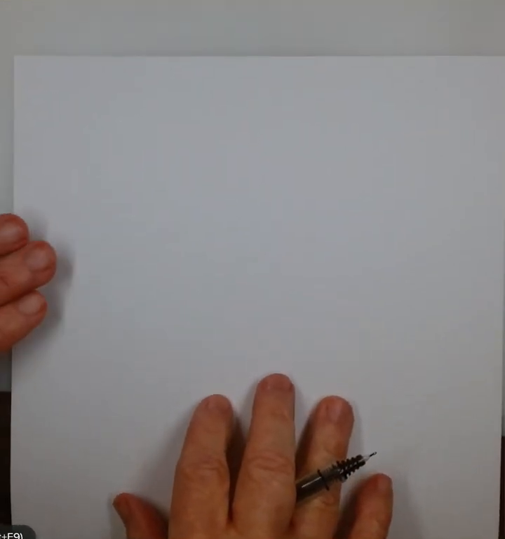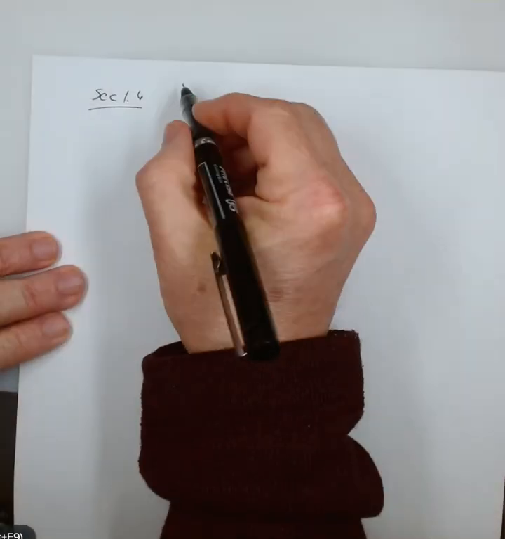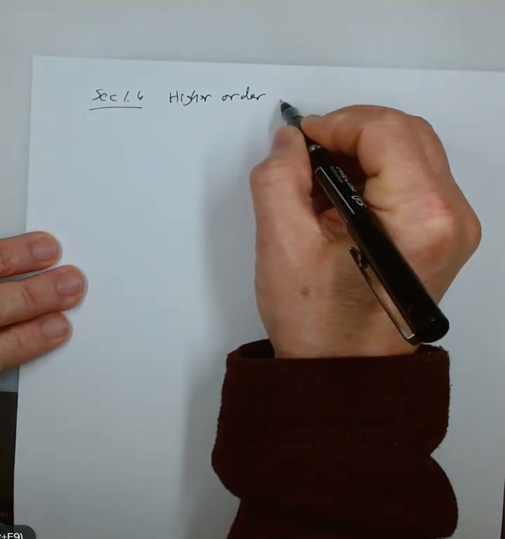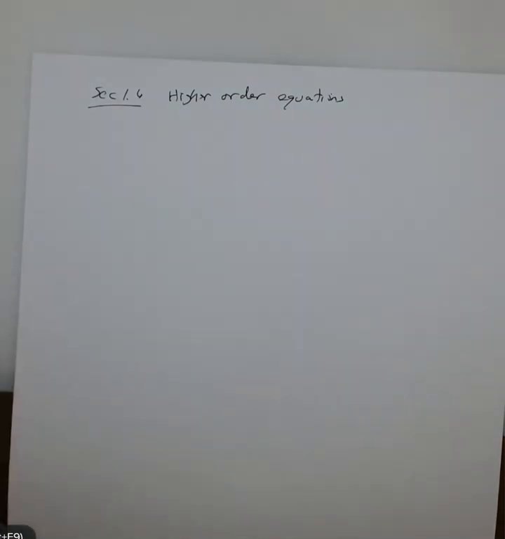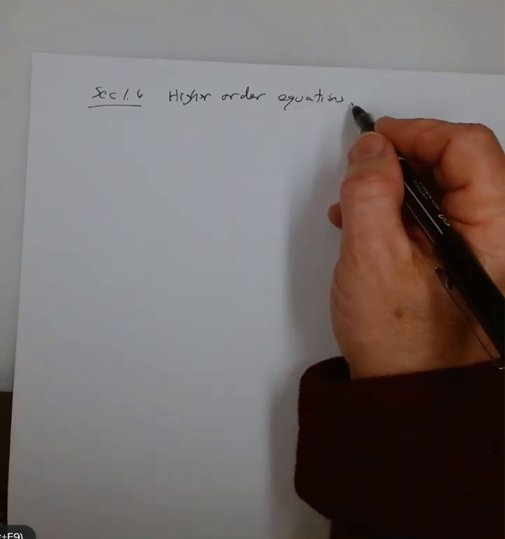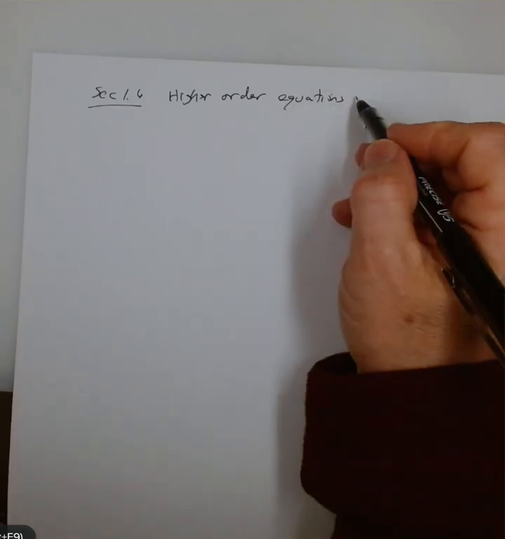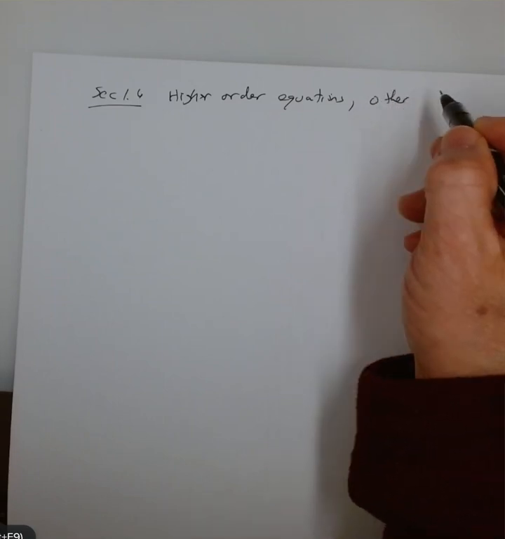But this is section 1.6. Section 1.6, and it's called Higher Order Equations. Then the other part of that's called other equations.